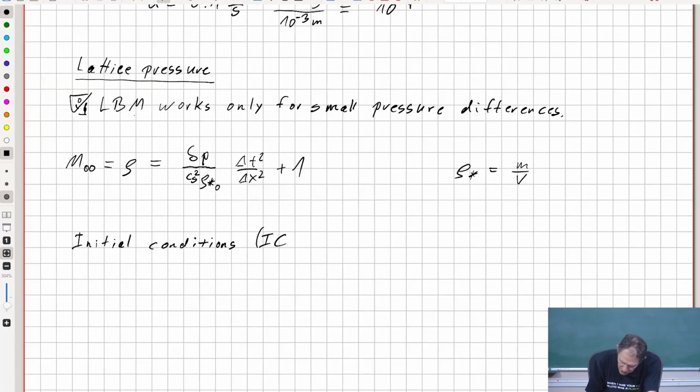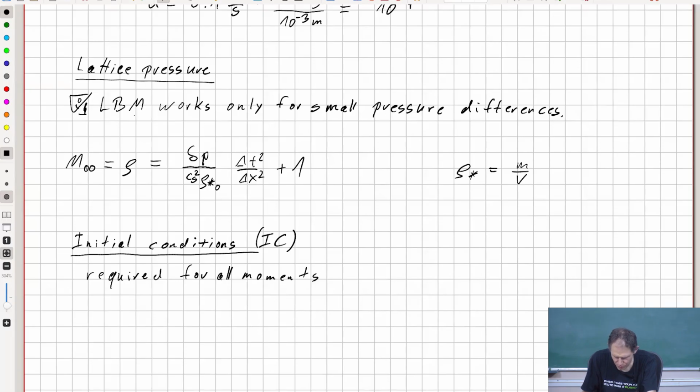We call the initial conditions IC. There is a difference between these initial conditions and the initial conditions that we use in the Navier-Stokes equation. Here we require initial conditions for all moments, or equally for all populations, the entire distribution functions.